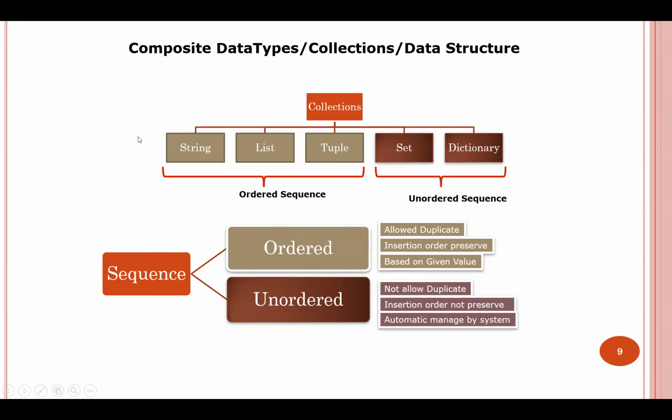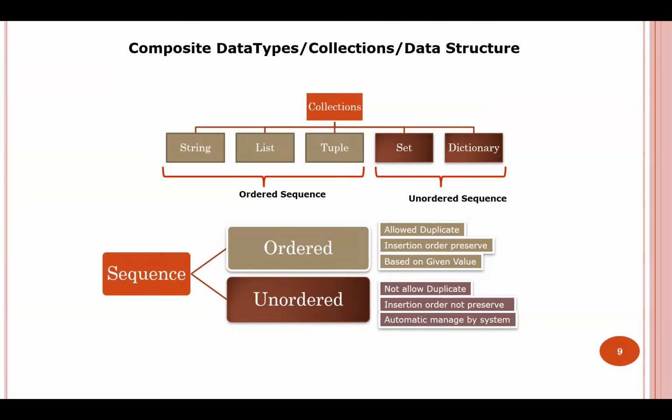Ordered sequence and unordered sequence, first of all, are collections. The next important thing: ordered sequence allows duplicate items, unordered sequence does not allow duplicate items. Ordered sequence preserves insertion order, unordered sequence does not preserve insertion order.